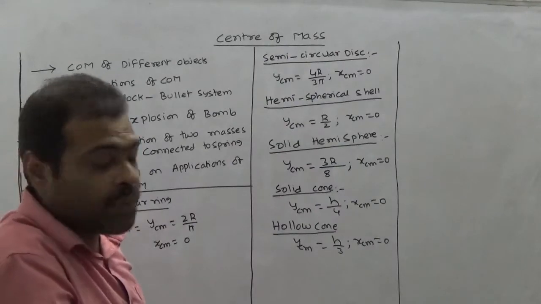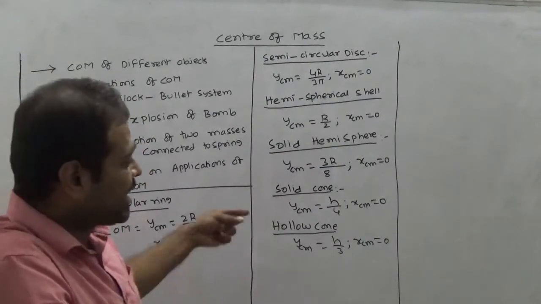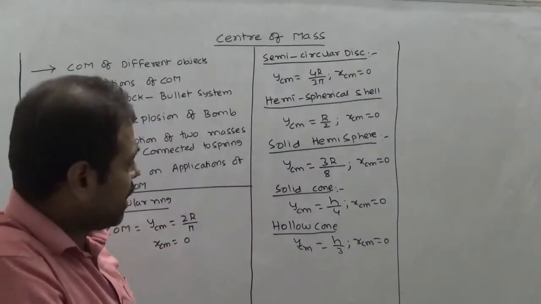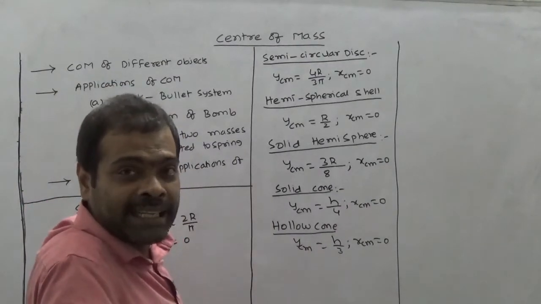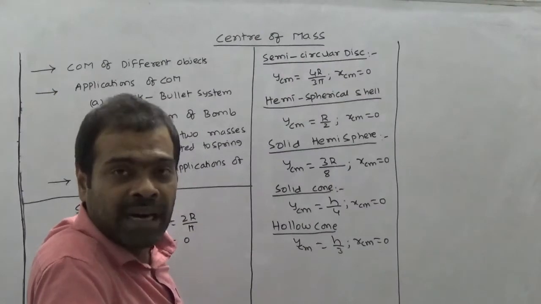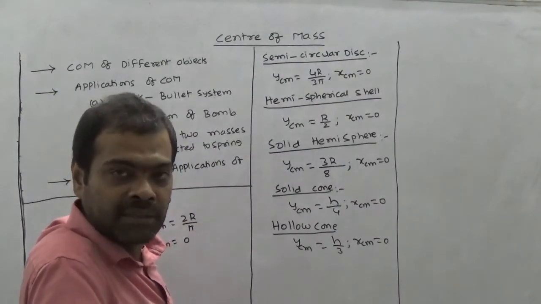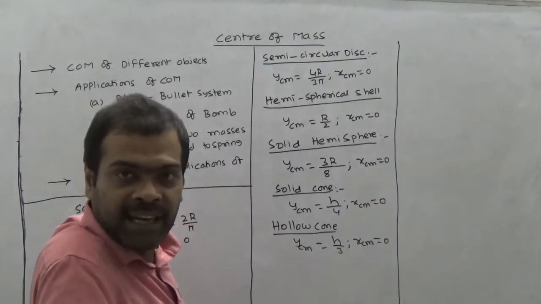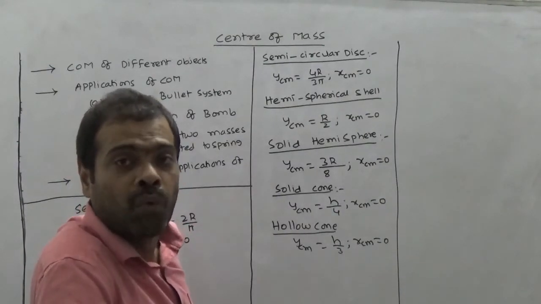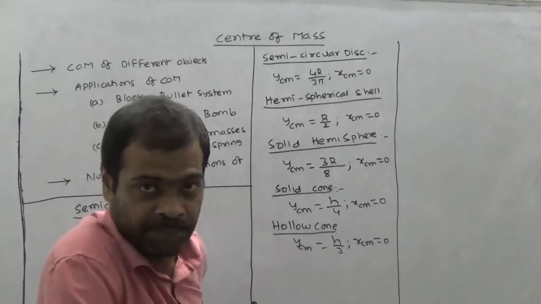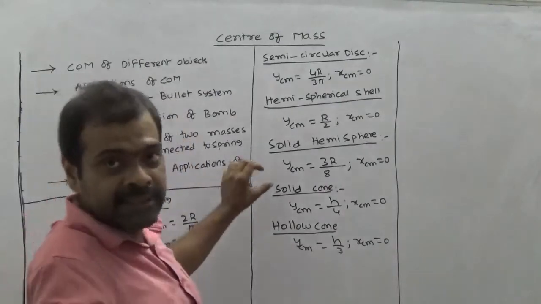In the JEE Advanced they are asking application based questions. Suppose the solid hemisphere is rotated about its center of mass with a velocity v or with a velocity omega, then they are asking to find the moment of inertia. Like that, applications they are asking.